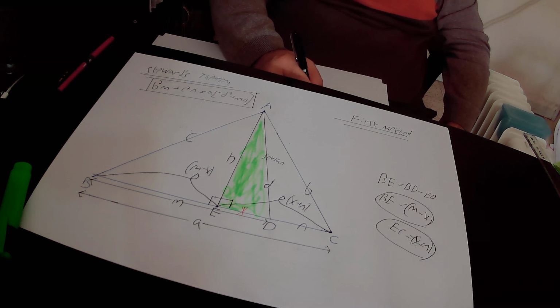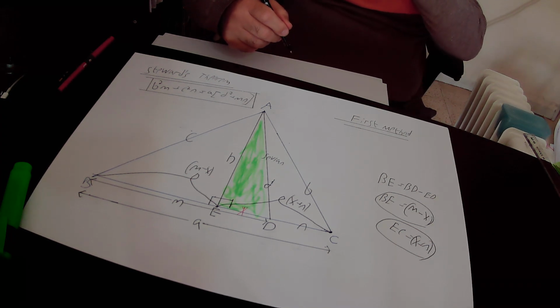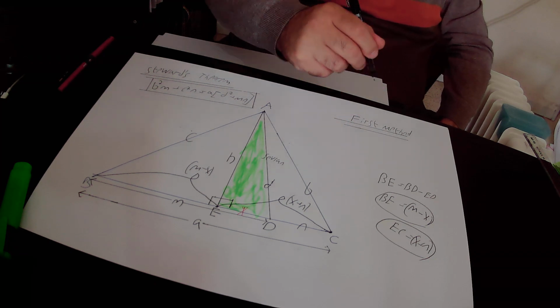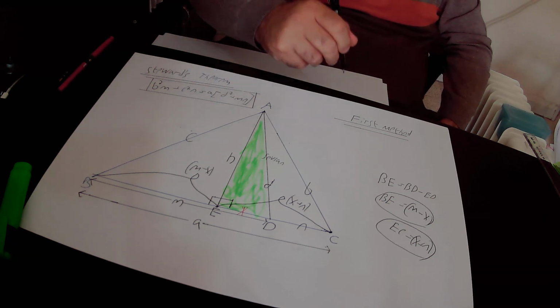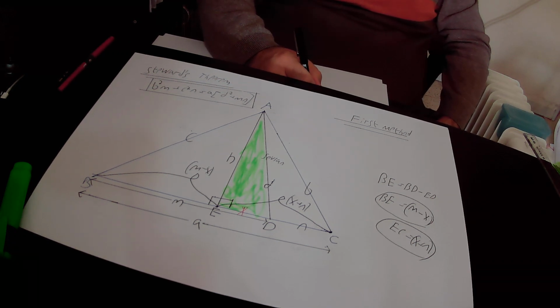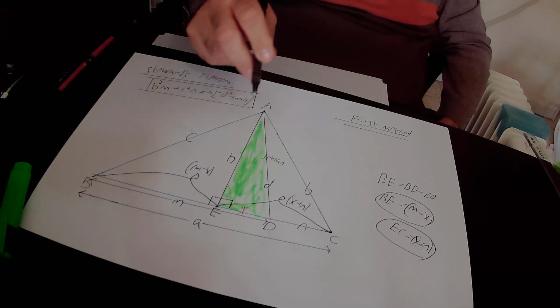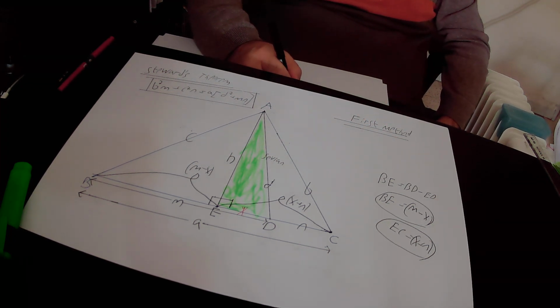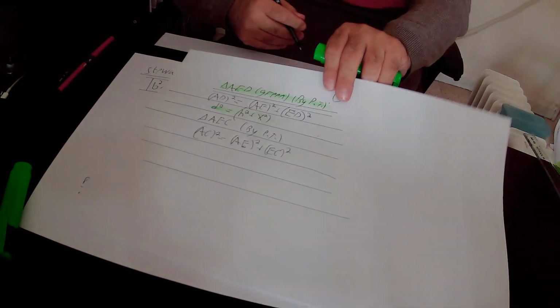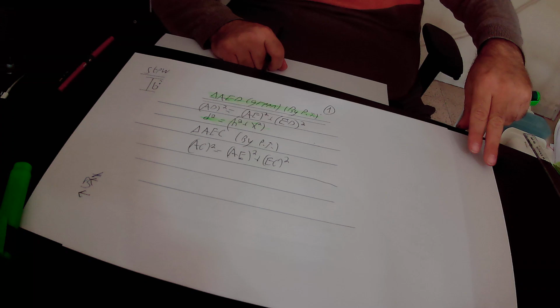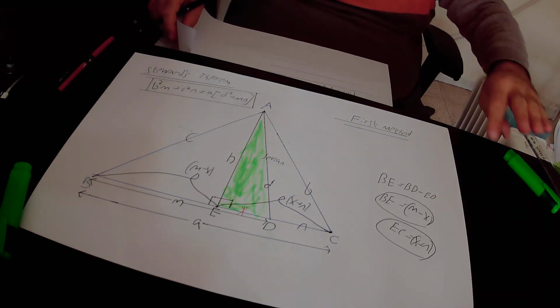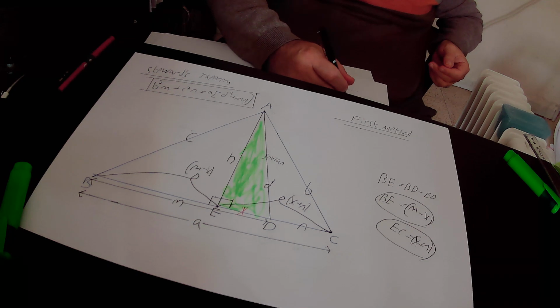According to the Pythagoras theorem, in the right triangle AEC, AC squared equals AE squared plus EC squared. Okay. So this will be equation number 1.